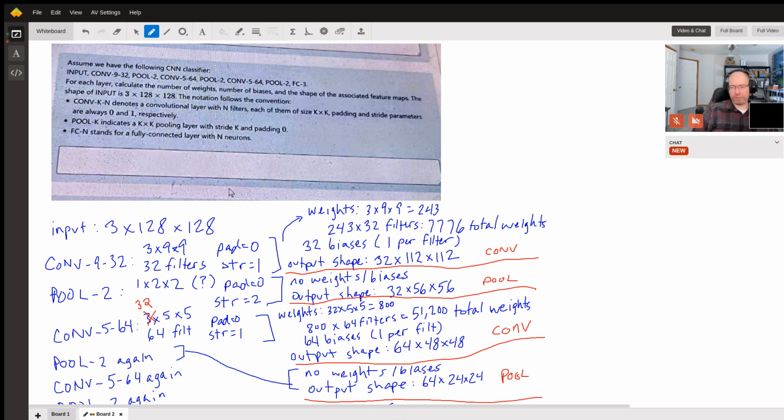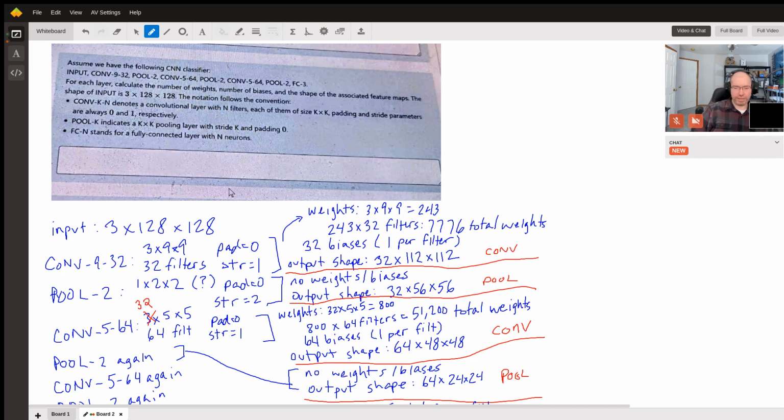And so that's 64 times 25. So that should be 1600, I think. Yeah. So that's 1600 for each filter. Should maybe put per filter, just to make that clear. I mean, that would apply to all the previous convolutional layers.